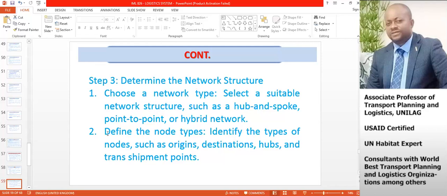How many of you know, I thought I discussed hub and spoke and then point to point. There are techniques that we use for delivery. Hub and spoke, point to point, hybrid network. How many of you are familiar with that?